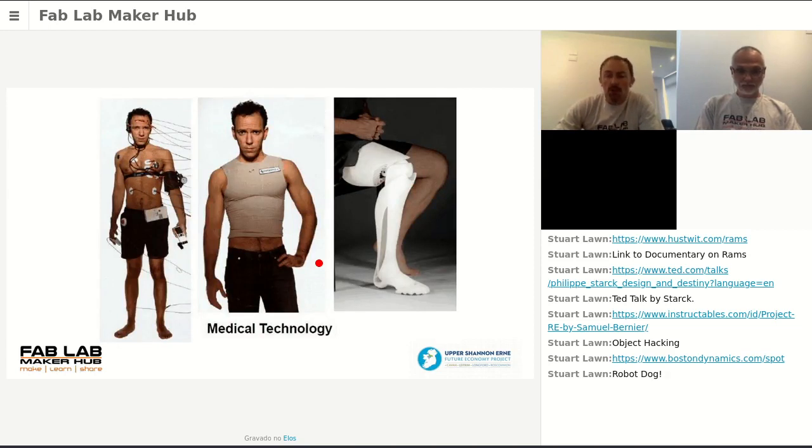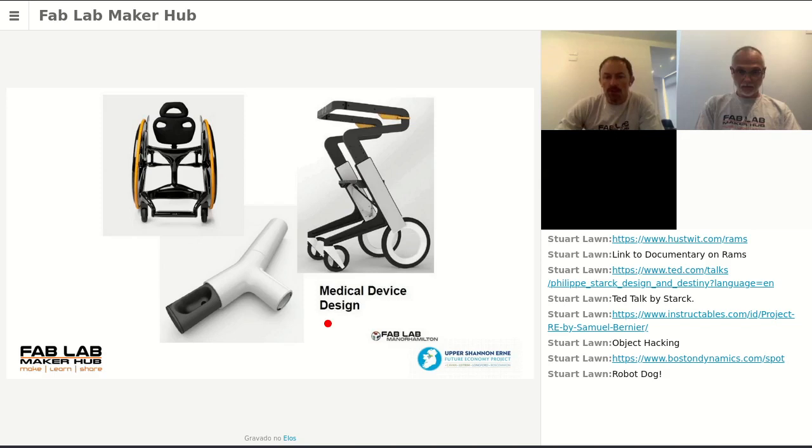Now, the medical world is obviously critical to us all, and we've seen massive innovations there in recent years, a lot of which have been on the news in recent months. So a lot of the digital design and manufacturing that we're going to be talking about in the coming weeks is and has been used in this field over recent years.